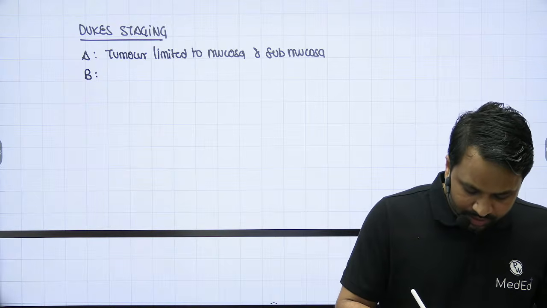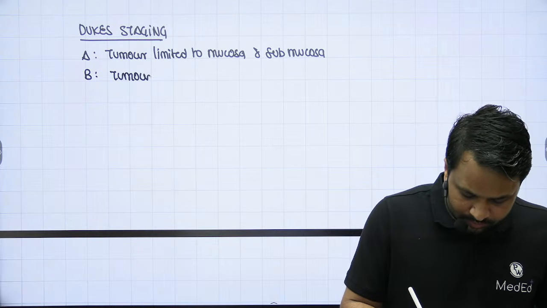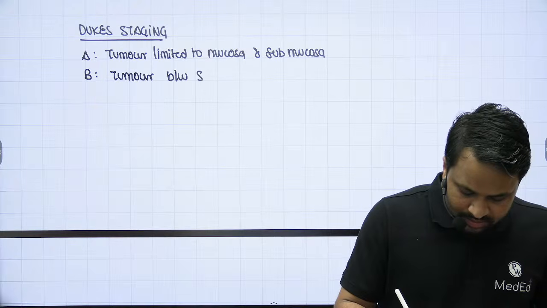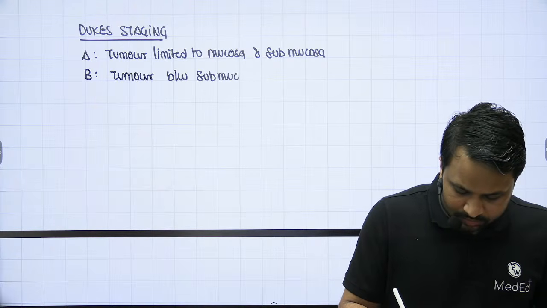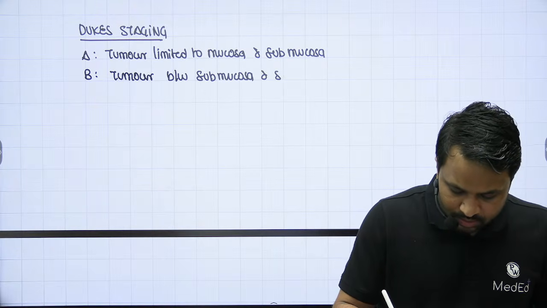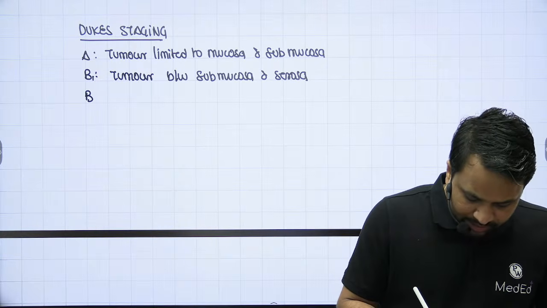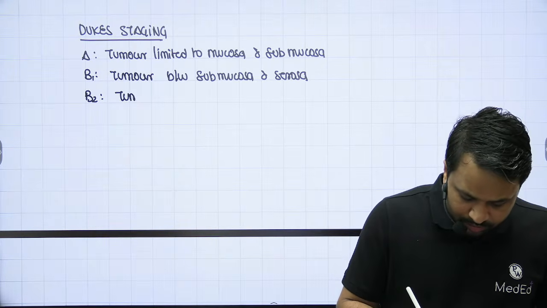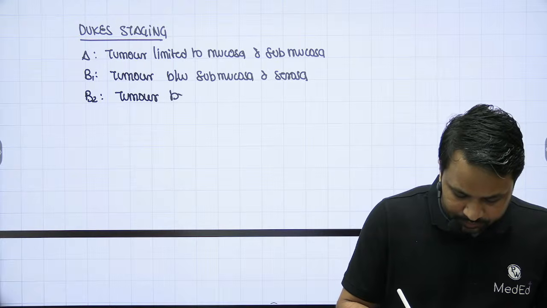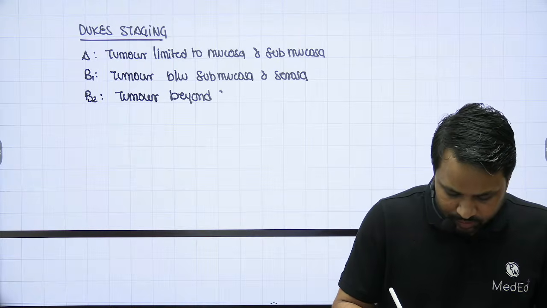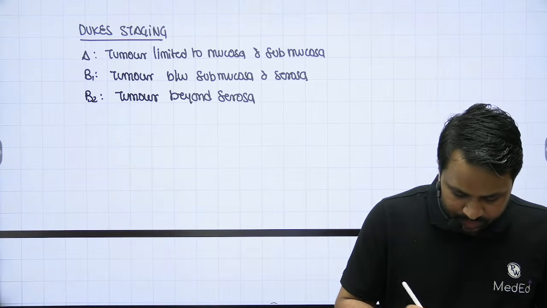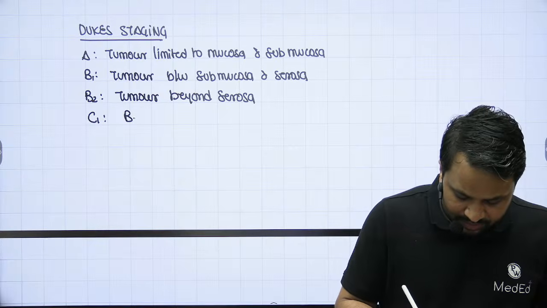B is tumor between submucosa and serosa. That's B1. Then you have B2, which is tumor beyond serosa. Then C1 is B1 with involvement of regional lymph nodes.